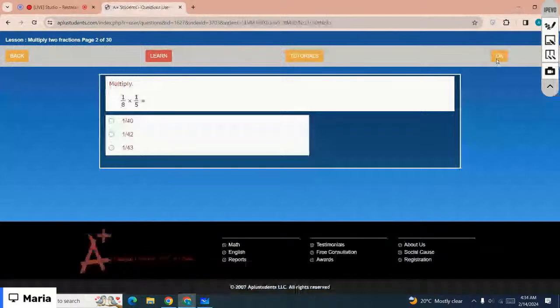The next one is multiply 1 by 8 times 1 by 5. So which is the correct option?